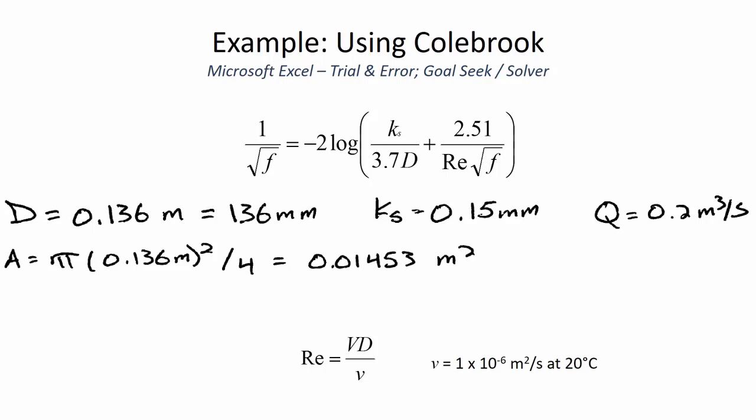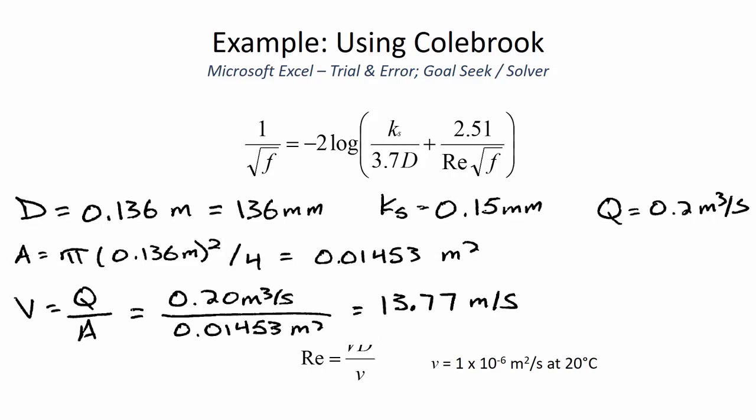All right, so we can find the velocity by Q divided by A. We just calculated the area, so 0.20 cubic meters per second divided by our area, 0.01453 meters squared. That's 13.77 meters per second.